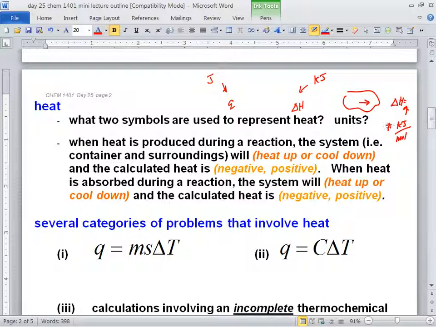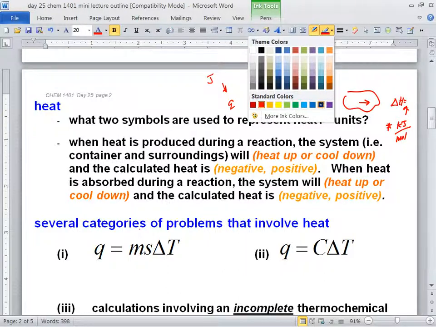So enthalpy is a little bit confusing. What's the enthalpy of this reaction? They just want the answer in joules or kilojoules. But if they want you to get the change in enthalpy for a reaction, then it's kilojoules per mole. So I guess the terminology helps.